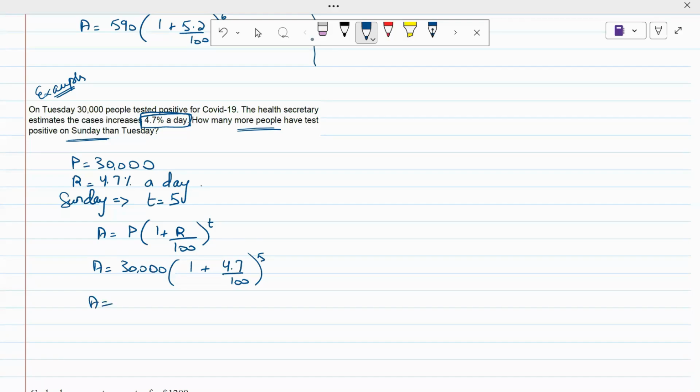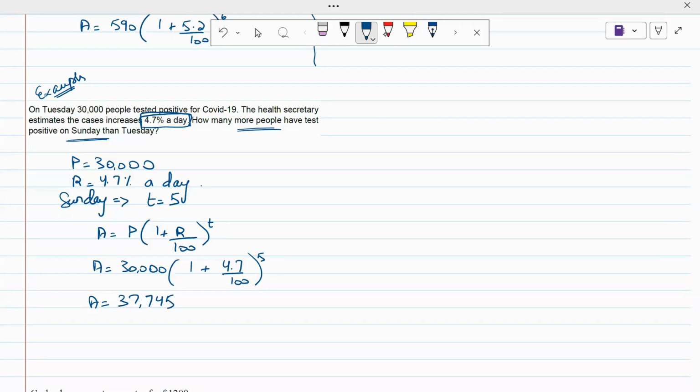So after 5 days, the total infected people: 4.7 divided by 100, plus 1. We get this as 37,745, rounded off.